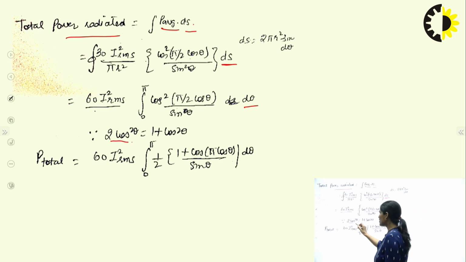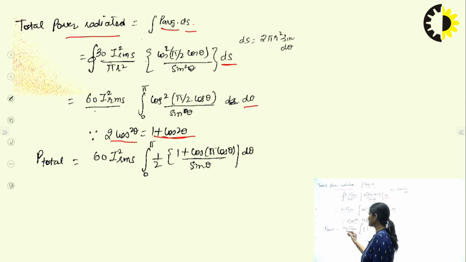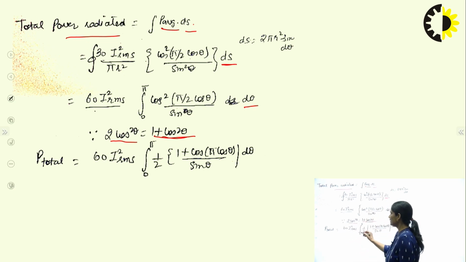Now 2 cos square theta means 1 plus cos 2 theta, so you can put this value. P total is equal to 60 IRMS square integration 0 to pi, in terms of cos, 1 upon 2 (1 plus cos(pi cos theta)) upon sin theta into d theta.